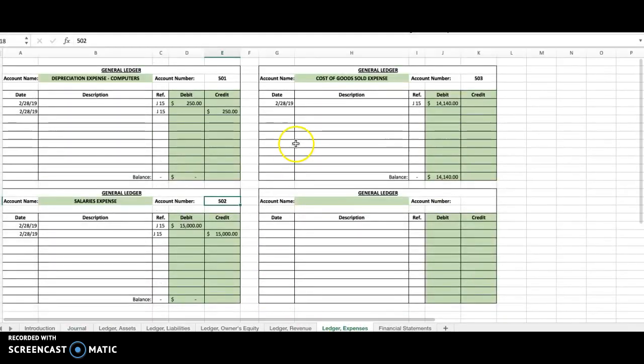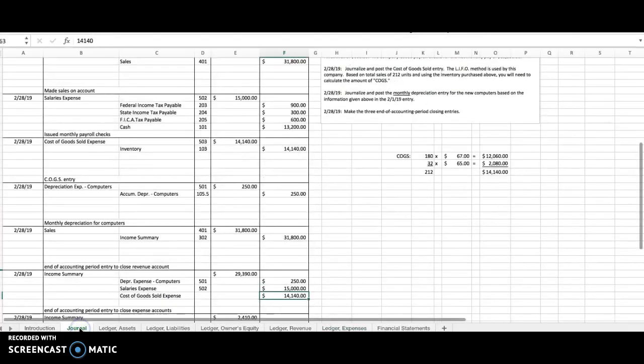That's what's already in that account as a debit. And when I post that as the credit, as was shown in the journal, that now has a zero balance. So when I put the information into the journal, I simply look at what the balance is in the ledger and put it in accordingly. So this was 503, and that's been posted.